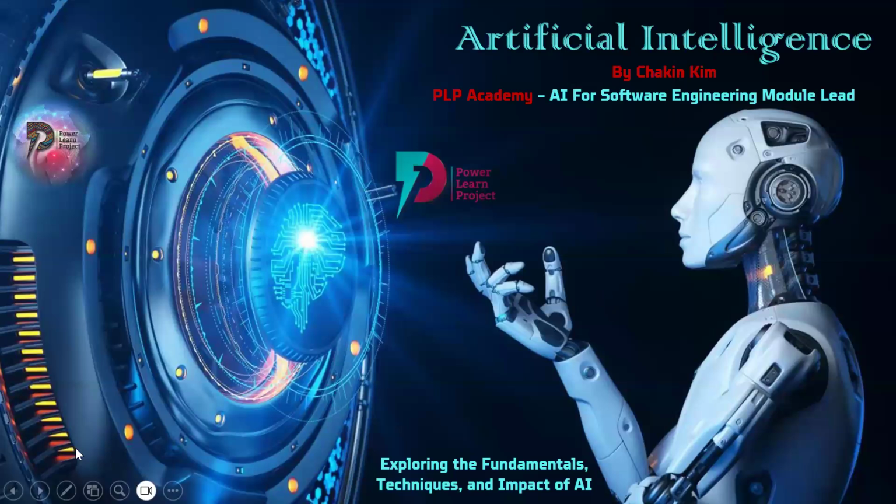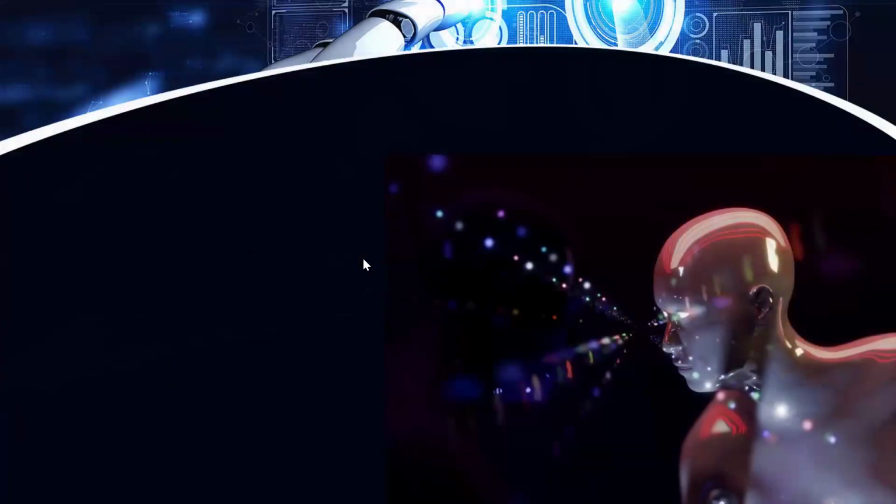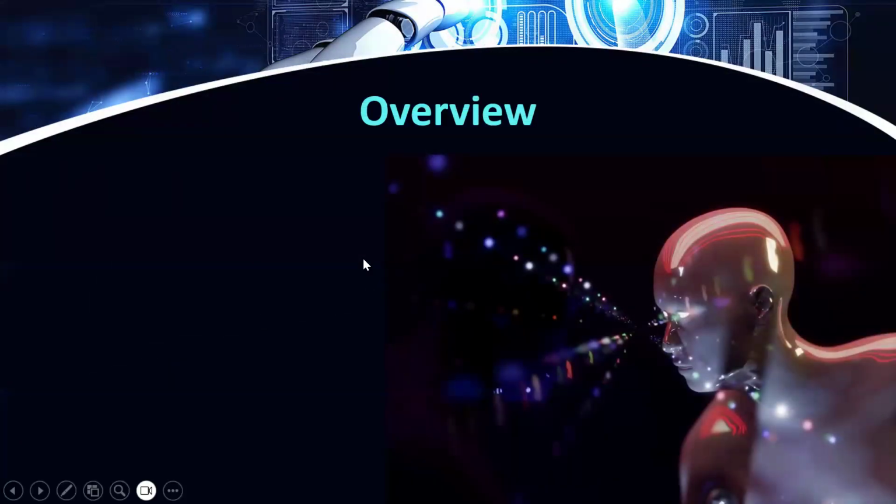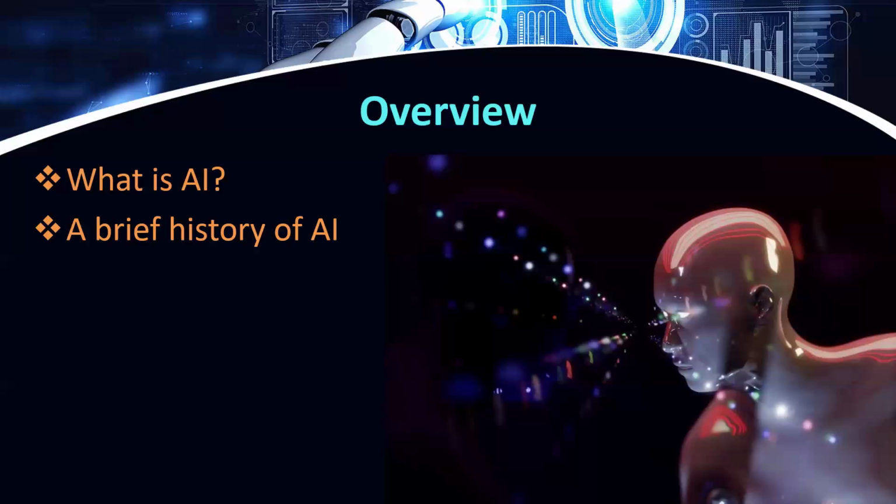So let's delve into understanding what is AI. In this overview, we will check on a few things like what is AI. We'll also check on a brief history of AI.